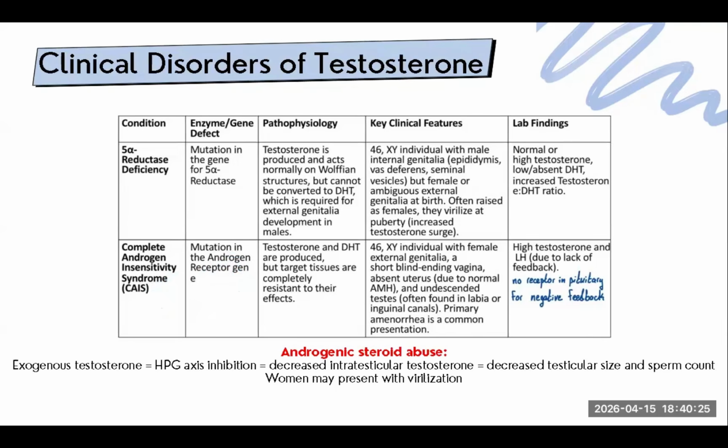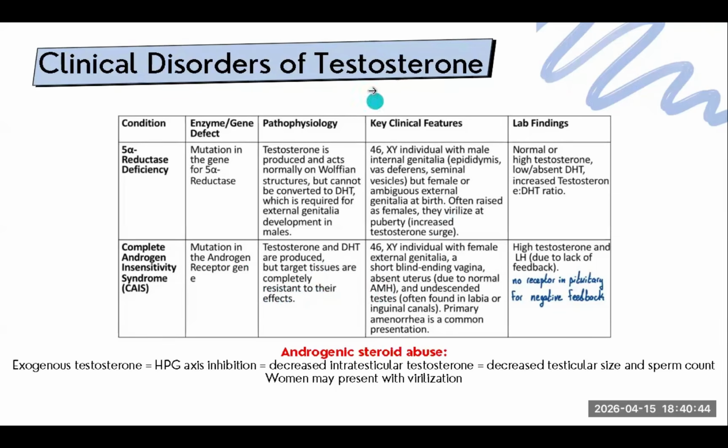For the sake of discussion, let's say that you will not have an androgen receptor, okay? So the pathophysiology is that testosterone and DHT, both of them are produced, but the target tissues are completely resistant to their effects.